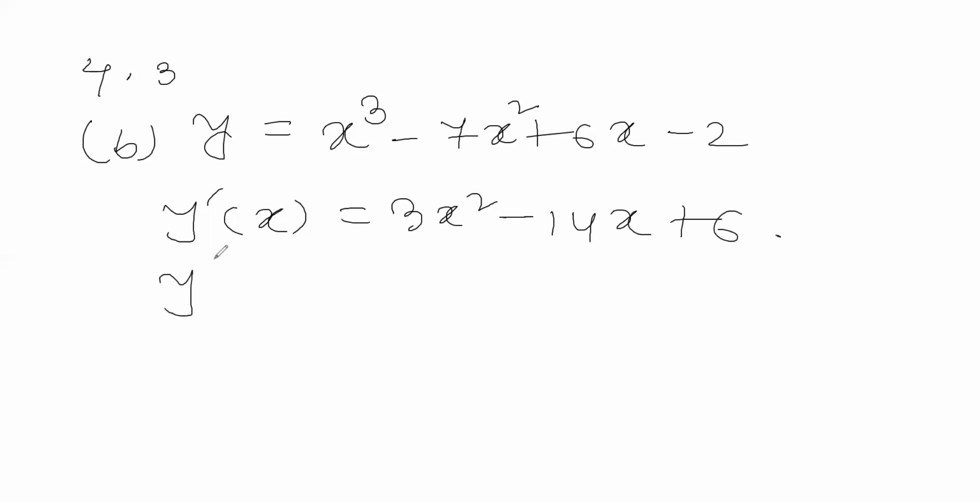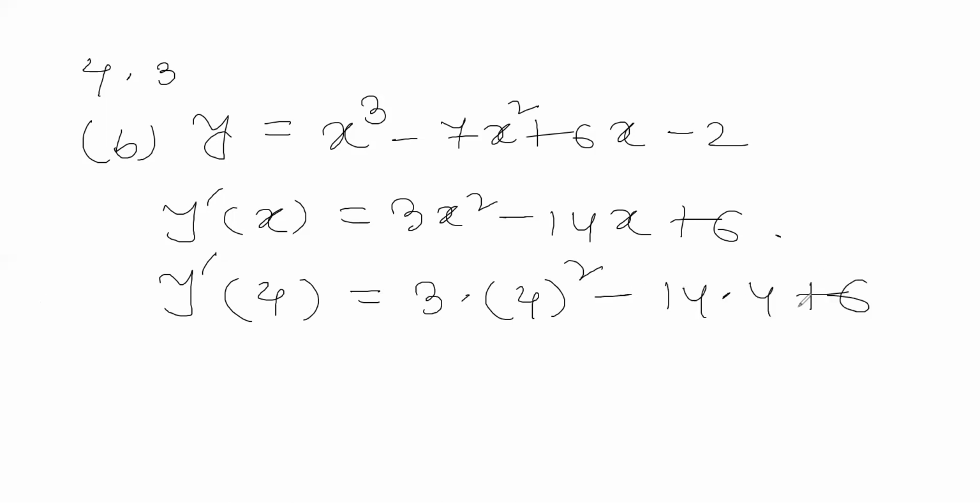Again, if we replace x with 4, then we get 3 into 4 squared minus 14 into 4 plus 6, which is equal to 54 minus 56.